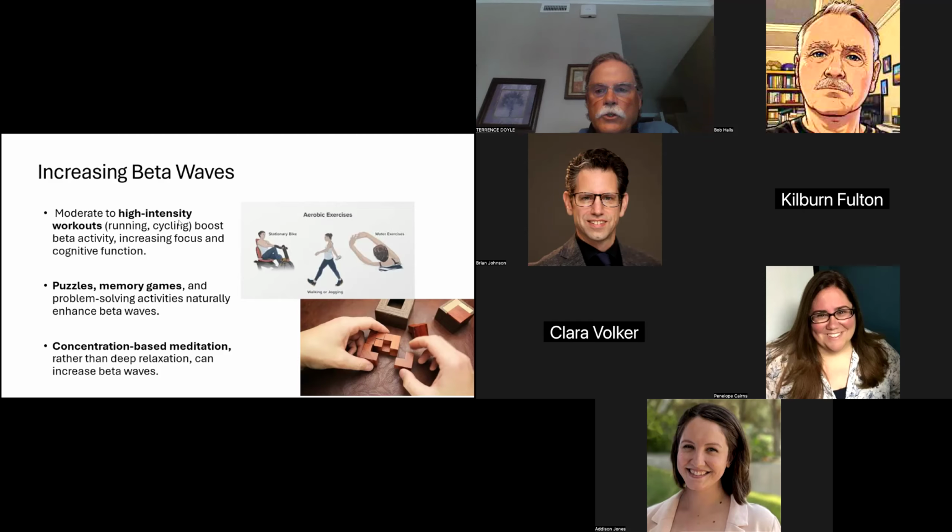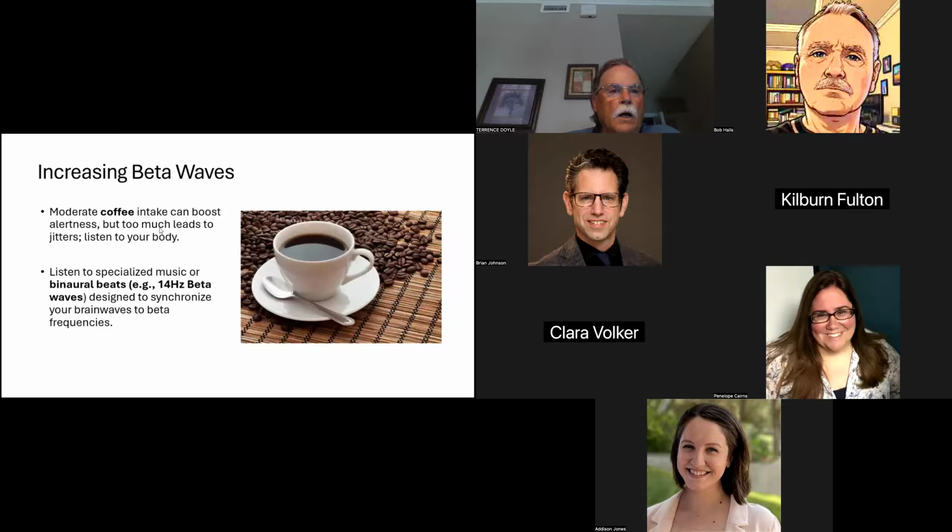Exercise is also responsible for an increase in the production of dopamine, serotonin and norepinephrine, which all play a role in our ability to pay attention, stay on task, and learn new things. Believe it or not, coffee can be a contributor to improving beta wave production. And again, different sounds at particular hertz or cycles can improve, in this case, beta waves.